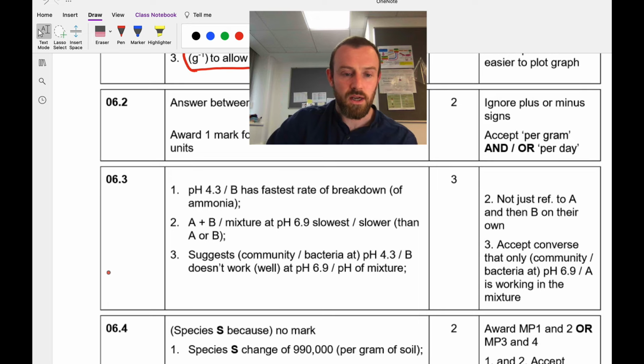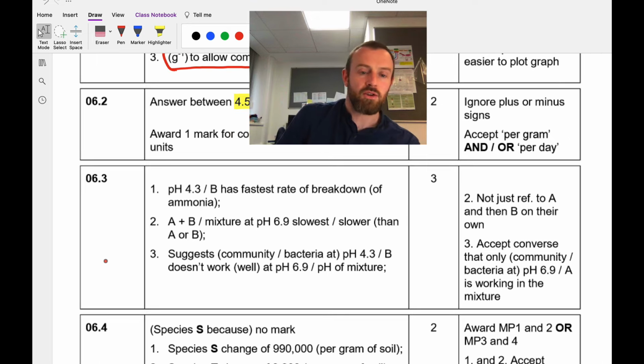Okay, yeah, that's kind of what I was saying. So B has the fastest rate of breakdown. You get a mark for saying that. And the mixture at 6.9 is slower than A or B, and that suggests that the bacteria from soil community B don't work well at the adjusted pH of 6.9, except the converse.